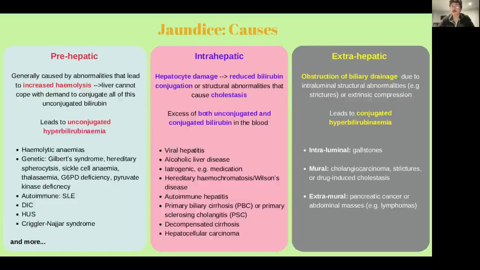So, for example, I think in gastric cancer, you can get invasion of the lymph nodes around the porta hepatis, around the bile duct as it exits the liver, which can obstruct the bile duct.